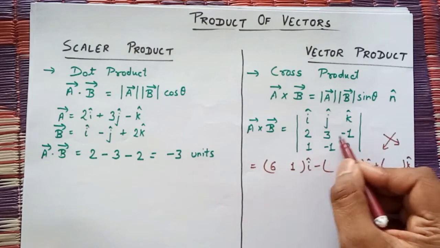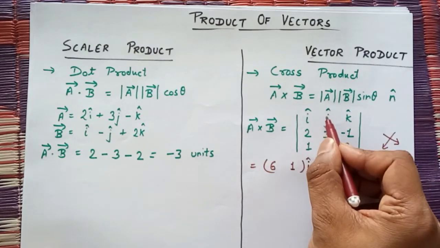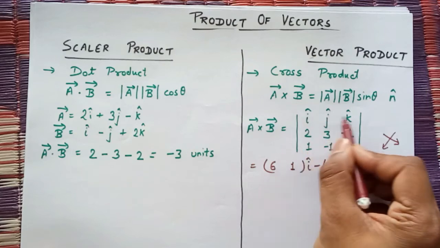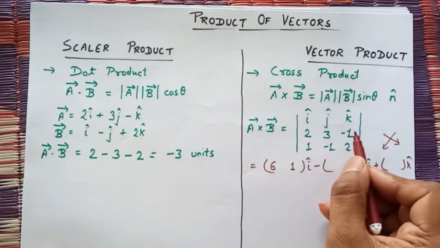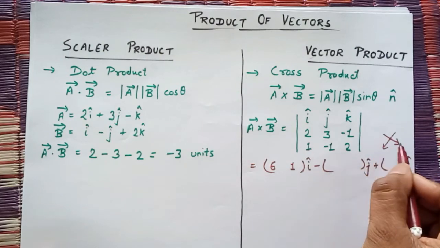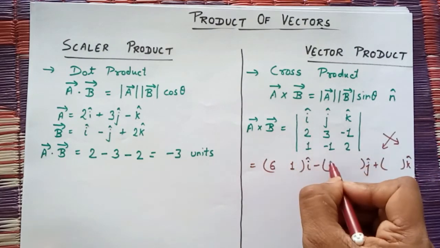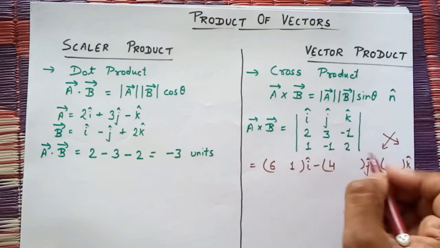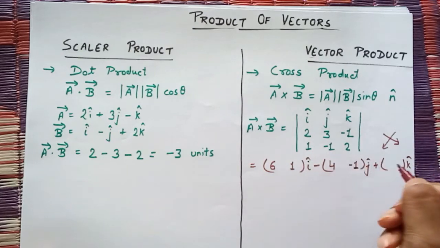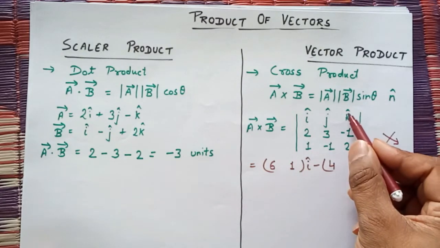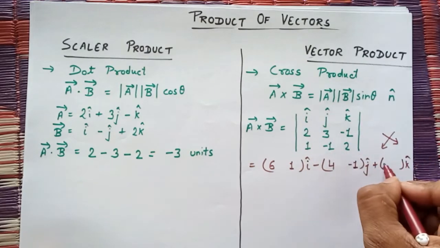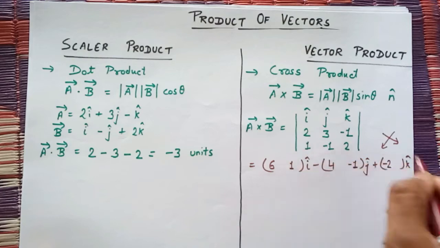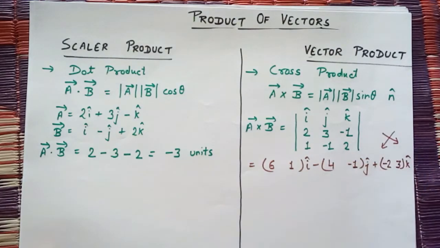Similarly for j cap, in the bracket of j cap we will remove its row and column. So first of all I am going in this direction, so 2 into 2 is 4 and minus 1 into 1 is minus 1. Then for k cap, leaving its row and column, 2 into minus 1 will be minus 2 and 3 into 1 will be 3.